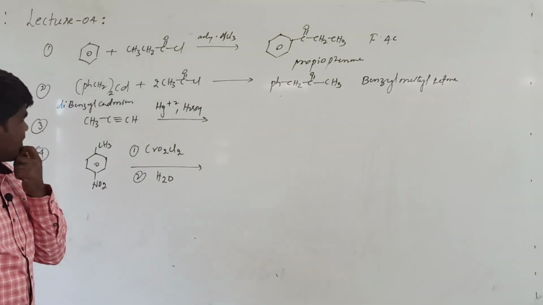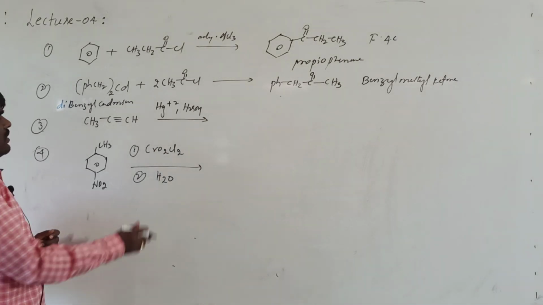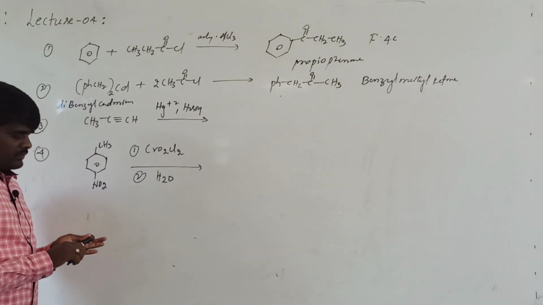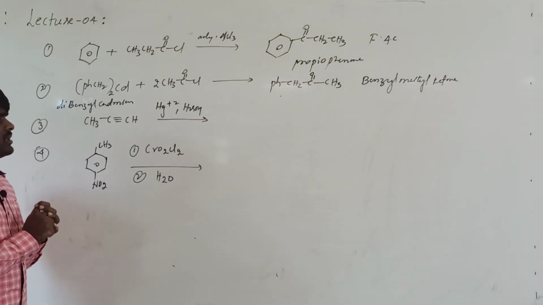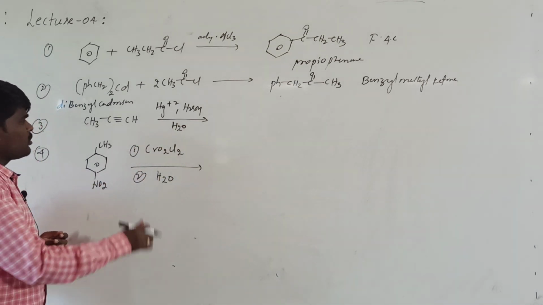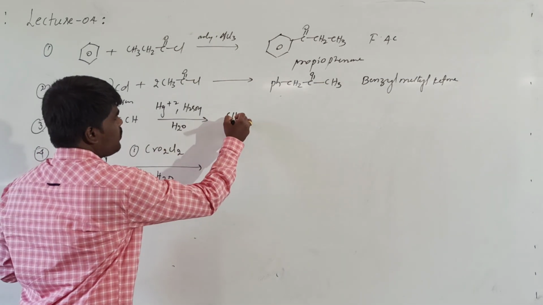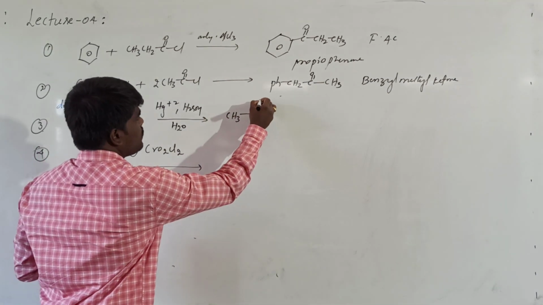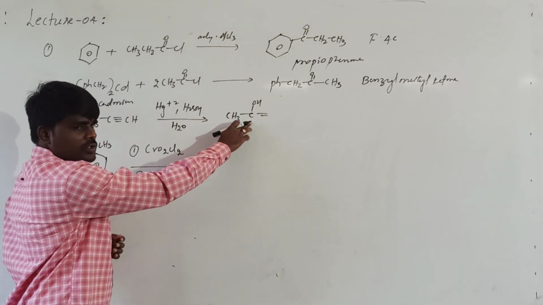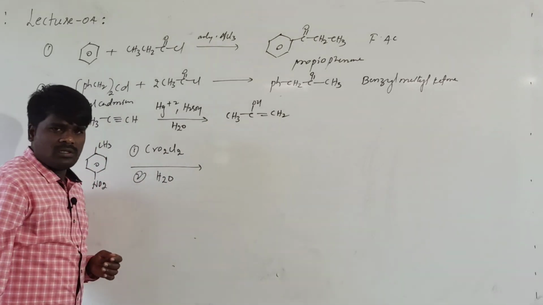Right? Here this is hydration of alkynes. When you hydrate any alkyne, addition of water takes place according to the Markovnikov rule. So basically when you add water to this, you are adding the hydroxy group to one carbon and hydrogen to the other carbon.